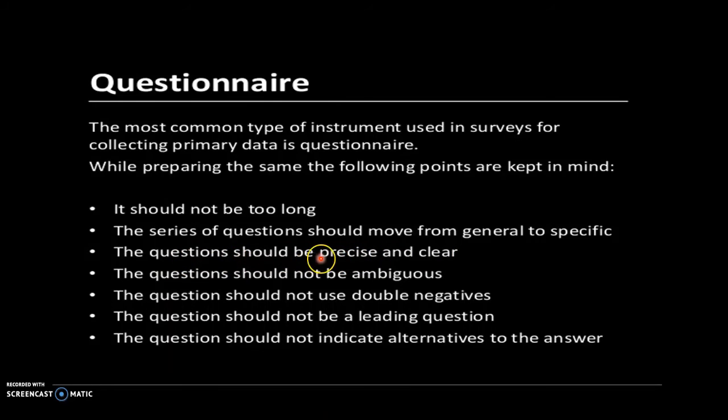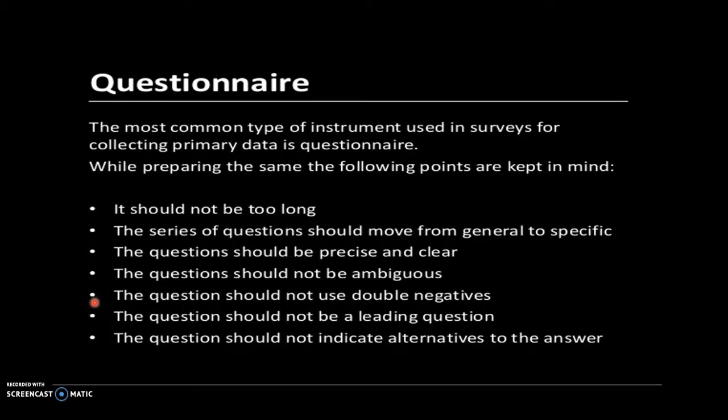The questions should not be ambiguous or vague. The questions should not use double negatives. The question should not be a leading question. The question should not indicate alternatives to the answer. These are the main points you have to keep in mind while preparing the questionnaire.